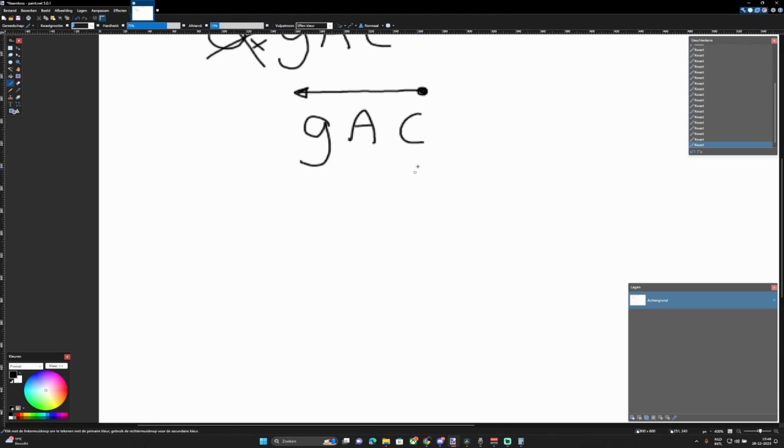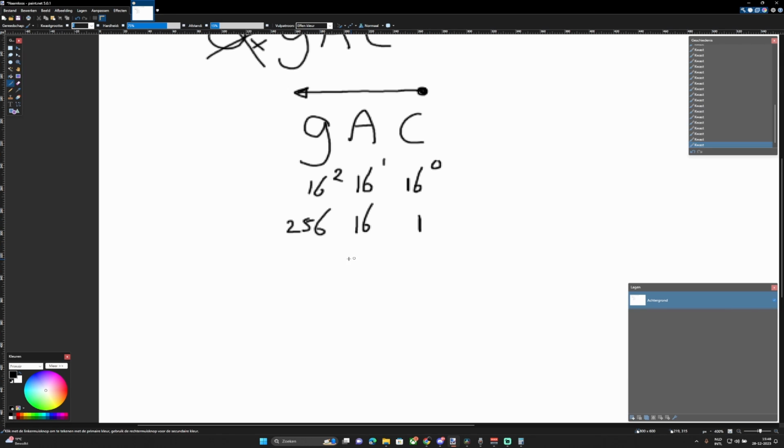We know the first character on the right is always going to be 16 to the power of 0. The second one is going to be 16 to the power of 1, and this one is going to be 16 to the power of 2. And we know 16 to the power of 0 is 1, 16 to the power of 1 is 16, and 16 to the power of 2 is 256.